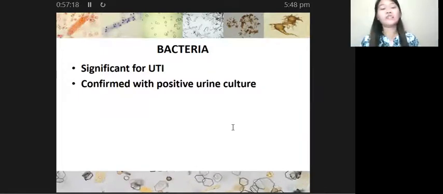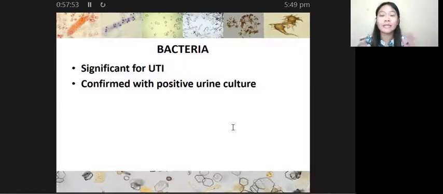Okay, alright, so they are significant for your urinary tract infection. And the presence of bacteria should be confirmed with a positive urine culture. So take note, class, na ang urine sample natin is normally sterile.